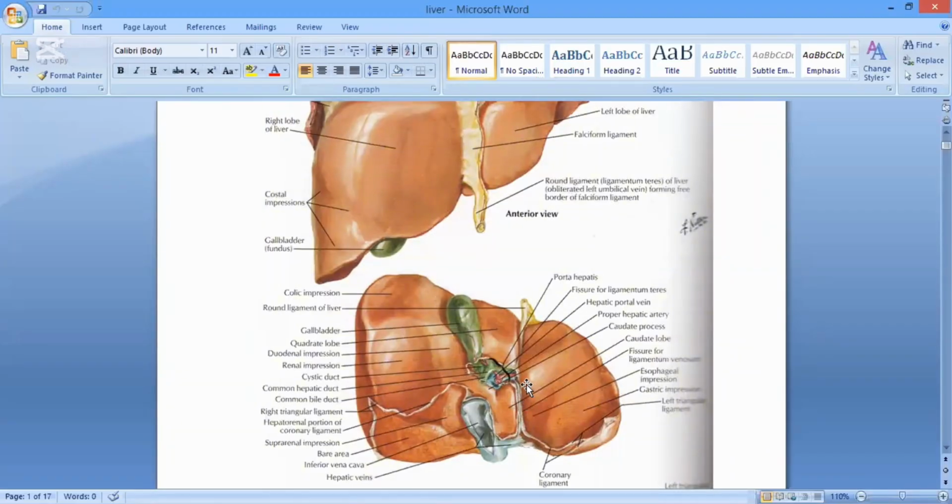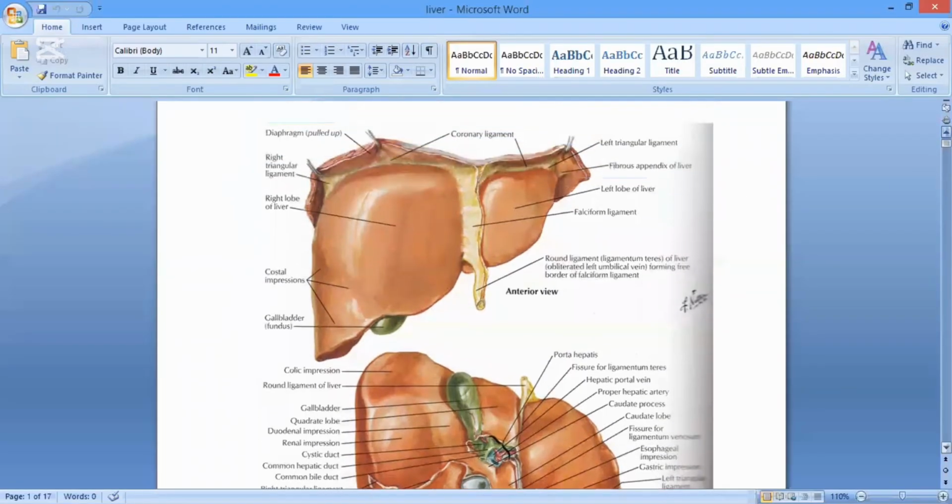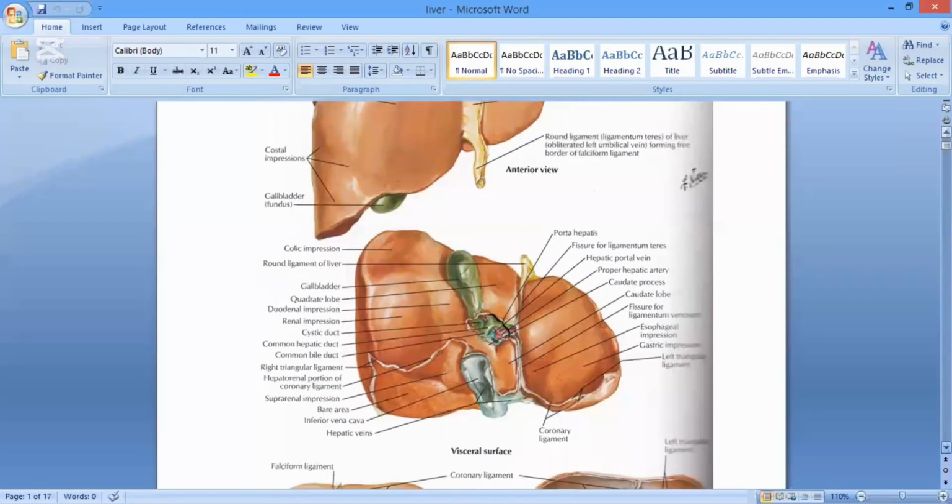Okay, we'll talk about the right lobe. So the right lobe, you can see, is much larger. About 5/6 of the liver forms the right lobe, and this smaller portion forms the left lobe. Both the surfaces, anterior superior and posterior inferior, and in its posterior inferior surface, it presents two lobes.